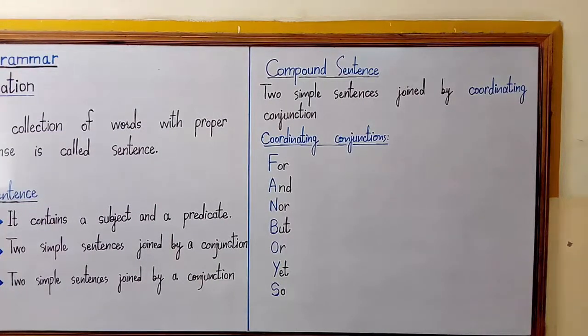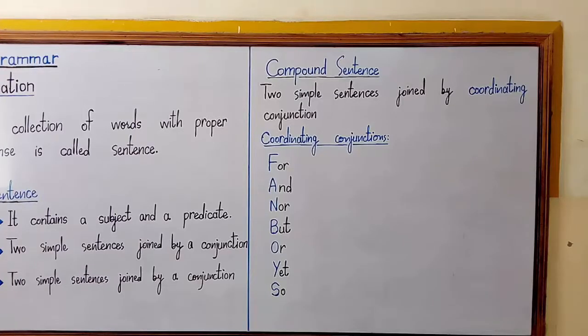A compound sentence is a combination of 2 simple sentences which are joined by a coordinating conjunction. What are coordinating conjunctions? There are so many conjunctions in the English language. It may be difficult for you to remember which are subordinating conjunctions and which are coordinating conjunctions. There are 2 types of conjunctions, coordinating conjunctions and subordinating conjunctions.